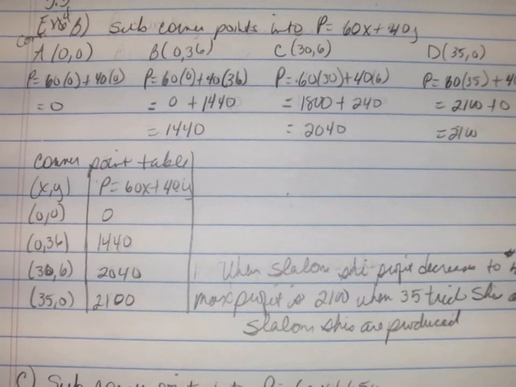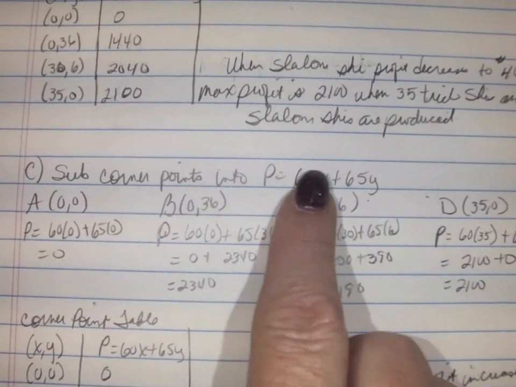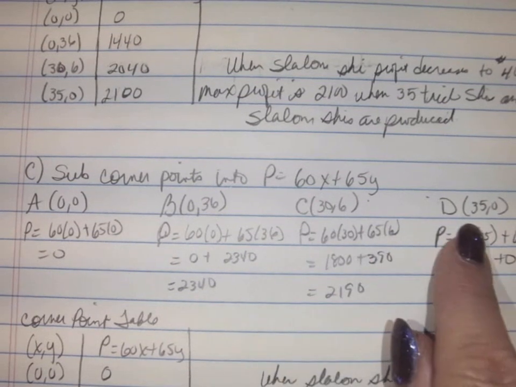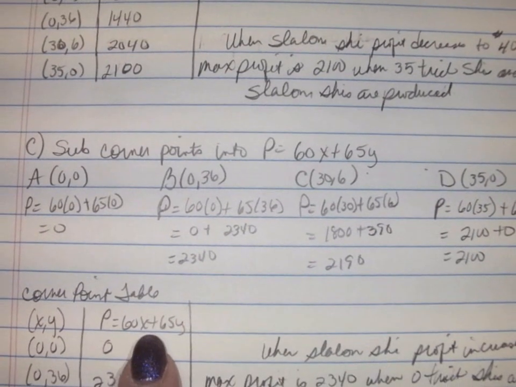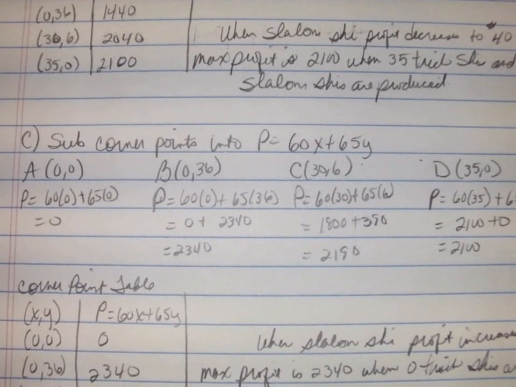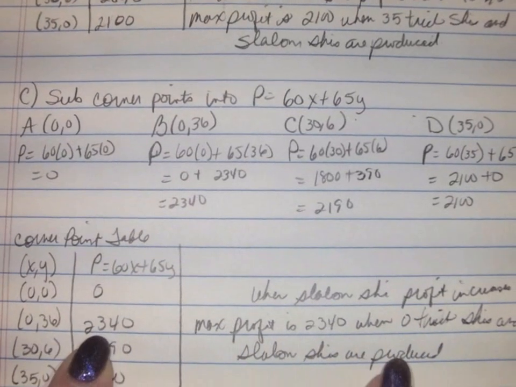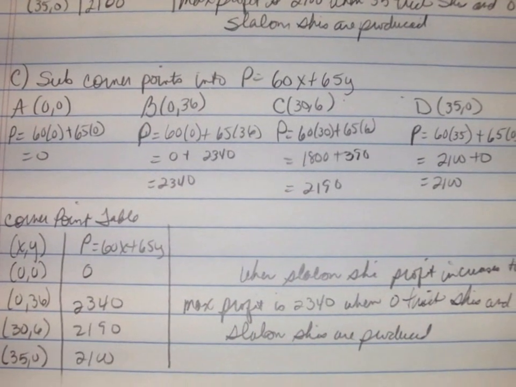And then on part C, the slalom ski changes again to 65. So we have a new equation, same corner points. You're just going to plug in on your equation. Now you've got 65 on the y. And what changes is now the max profit is $2,340 when no trick skis and 36 slalom skis are produced. So that's the only thing that's going to be different.